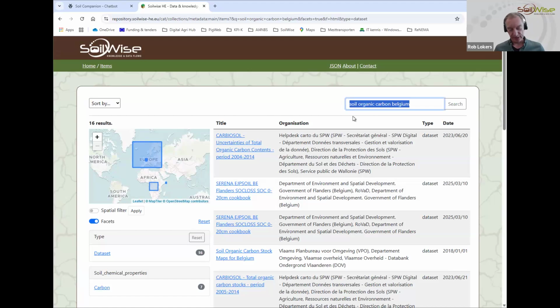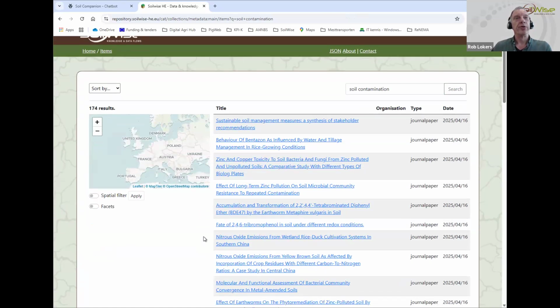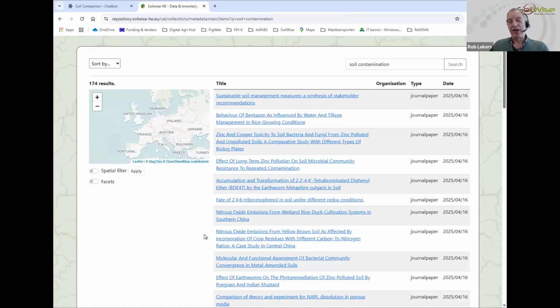Maybe we can try another search. This is soil contamination. And there you see there are 174 results that are somehow linked to soil contamination.